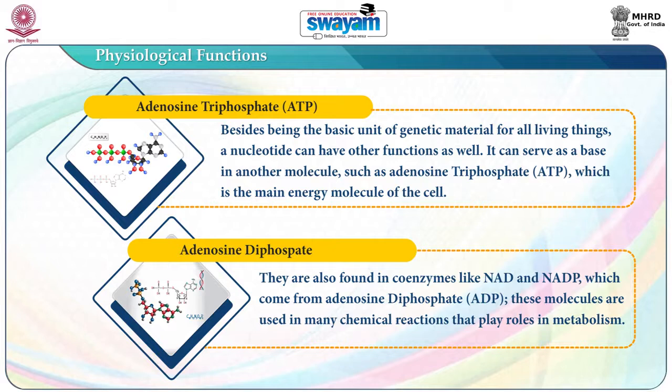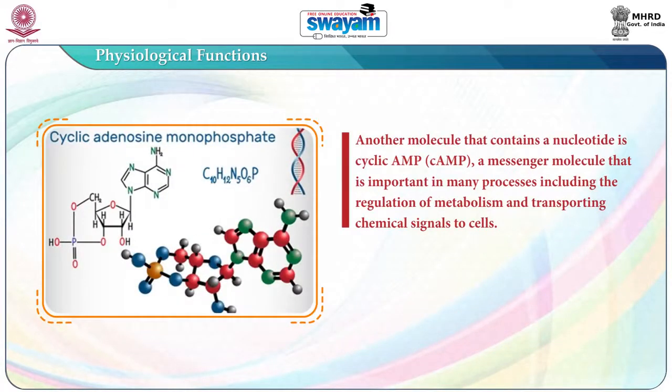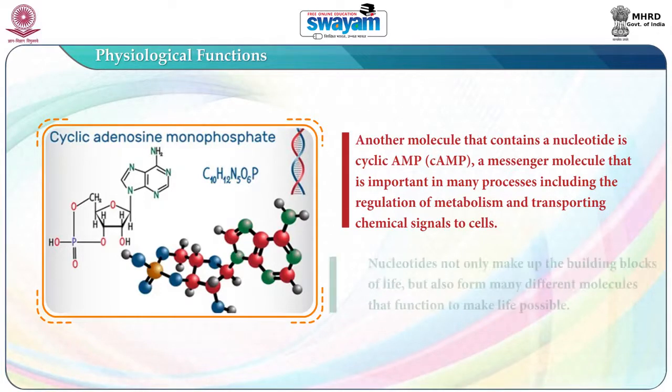These molecules are used in many chemical reactions that play roles in metabolism. Another molecule that contains a nucleotide is cyclic AMP, which is a messenger molecule that is important in many processes, including the regulation of metabolism and transporting chemical signals to cells.